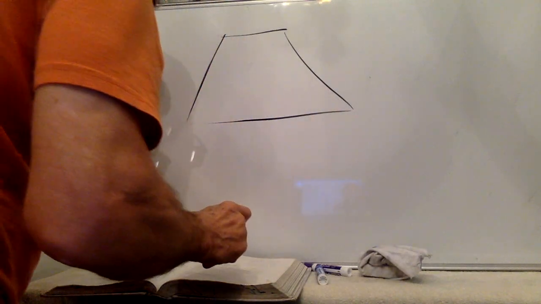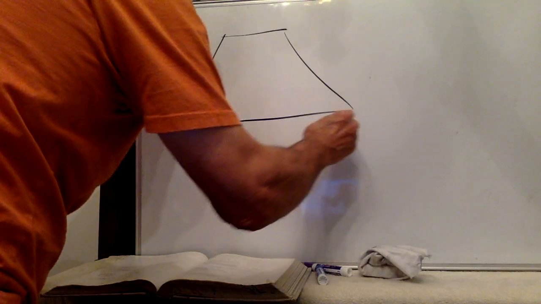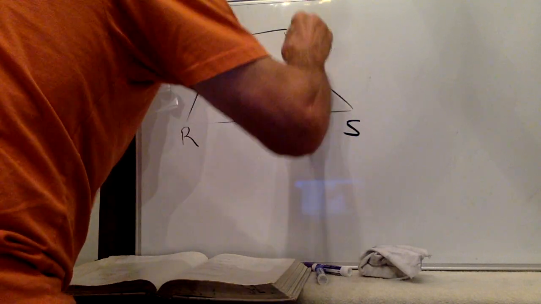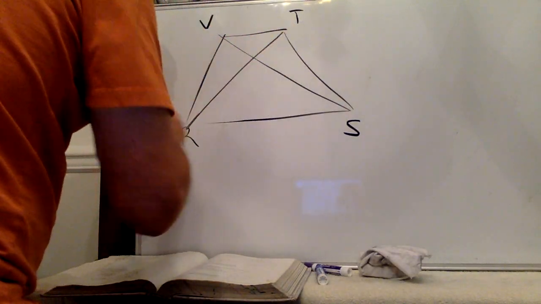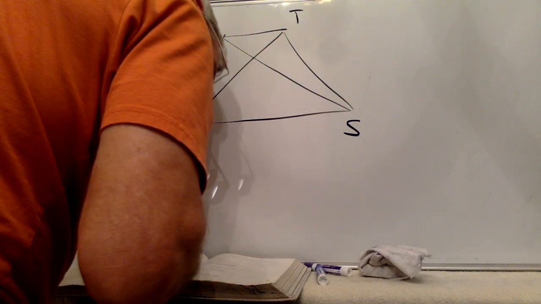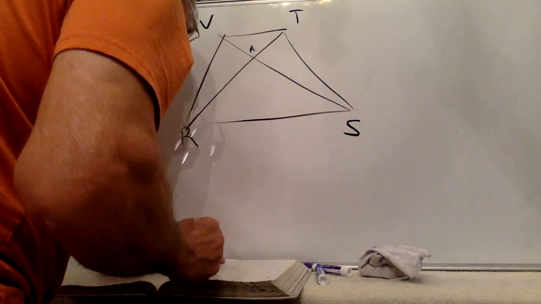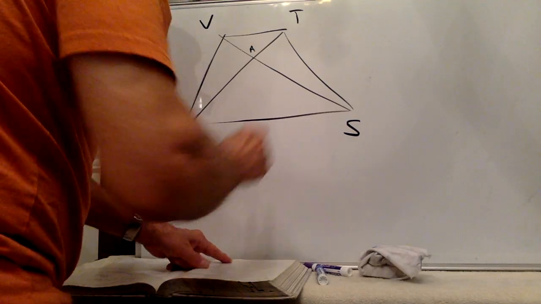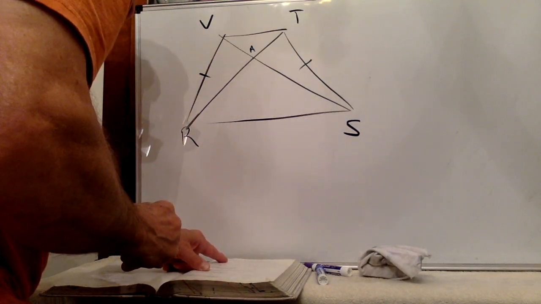They gave you, and again, I'm not going to write it all. It's right there in the book for you. They gave you the isosceles trapezoid, RSTV, and that's point A. And they said that these are the legs, and they said prove that triangle ARS is isosceles.